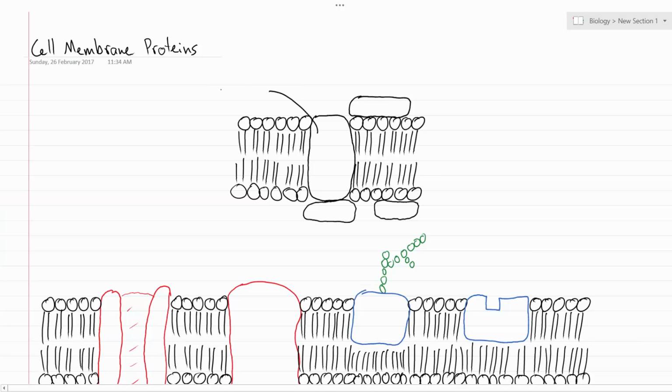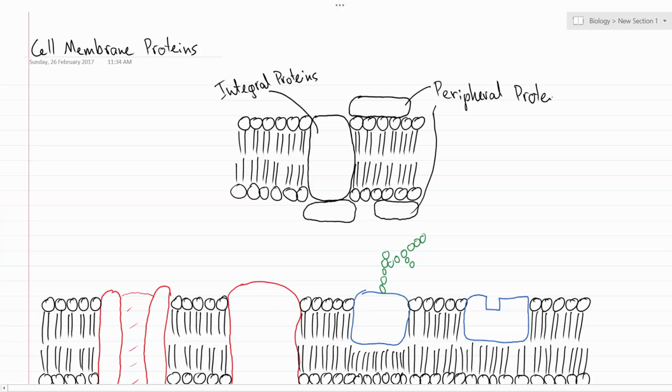We have integral proteins, and these are found within the cell membrane. So they will penetrate either the whole way or part of the way, partially into the cell membrane. And then we've got some more at the bottom there, something called peripheral proteins.